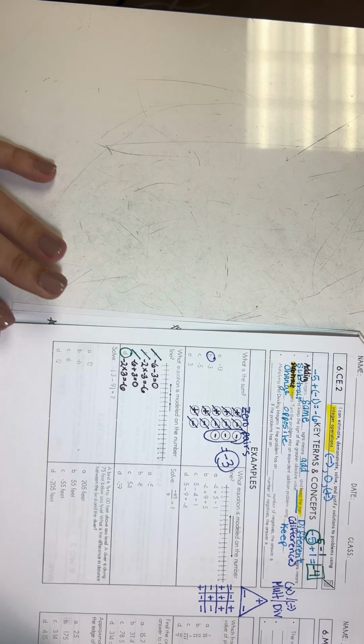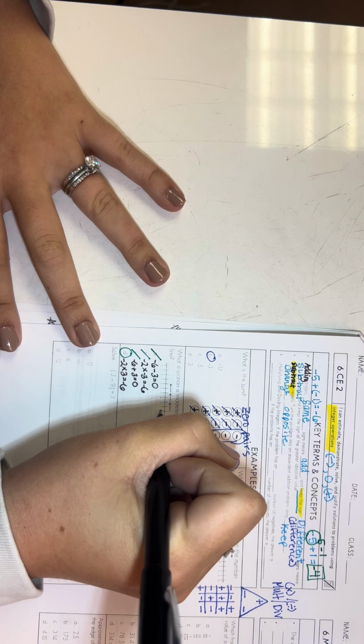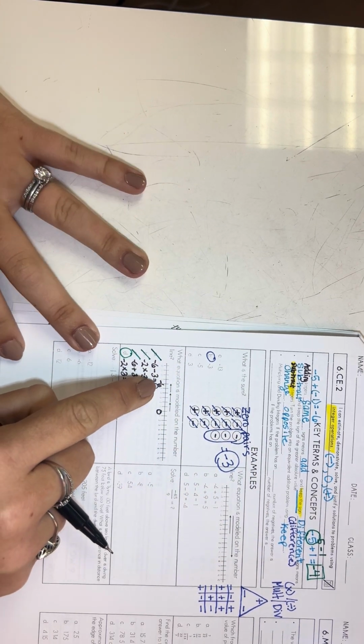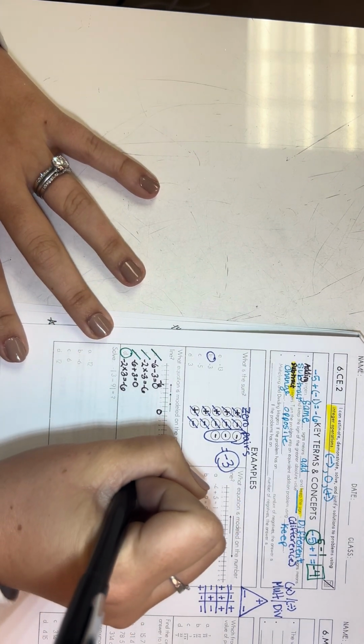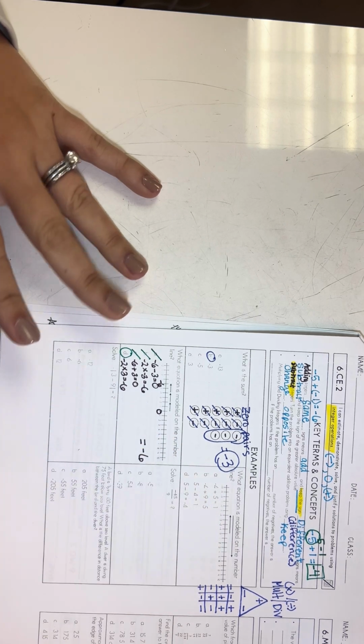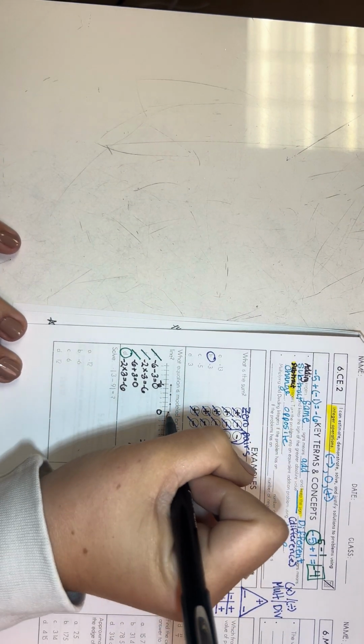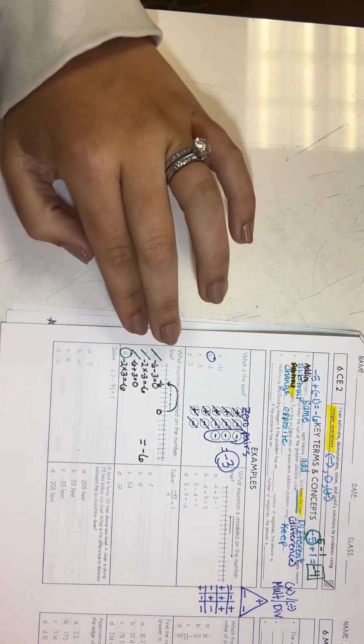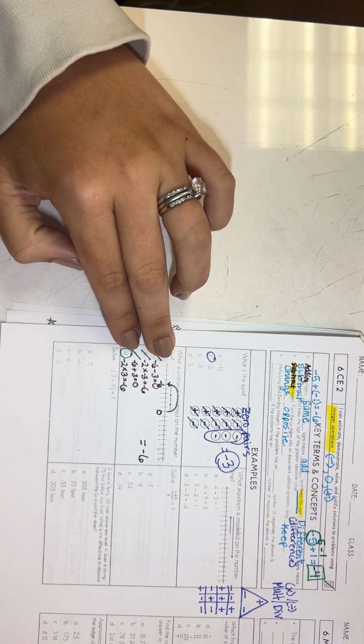Now let me explain to you why it makes sense. Here's 0, and this arrow's all the way down here on negative 6. So wherever you end is what it equals. So we had to equal negative 6. Just by knowing that we went from 0 and our arrow ended at negative 6, we could have crossed out A and C anyway.